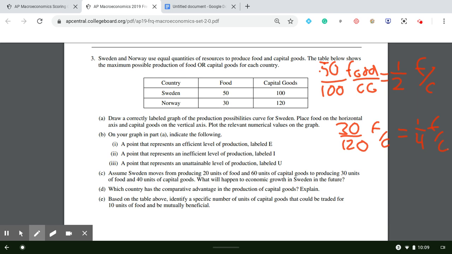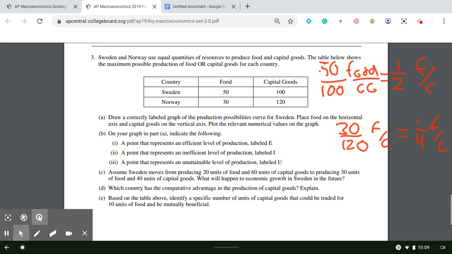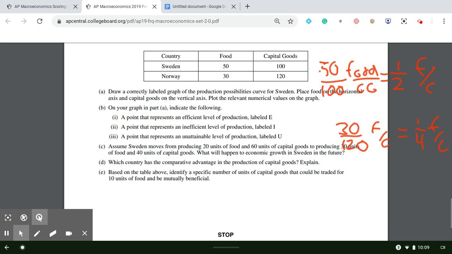Okay. Based on the table above, identify a specific number of units of capital goods that could be traded for 10 units of food and be mutually beneficial. So we're going to have to keep it between these two prices here.